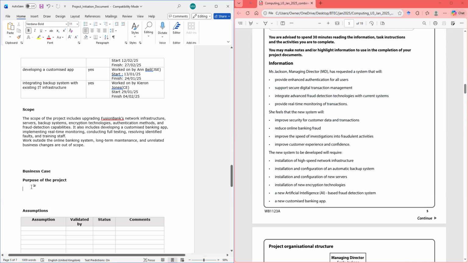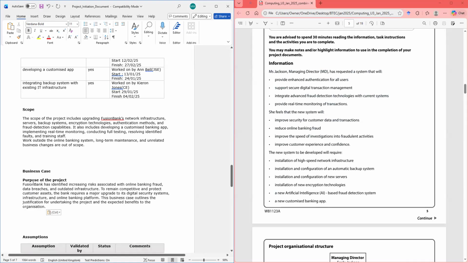They've identified that there's an increasing risk associated with online banking fraud, data breach, and outdated infrastructure. To remain competitive and protect customers' assets, the bank requires a major upgrade and a digital security system, infrastructure, and online banking platform.